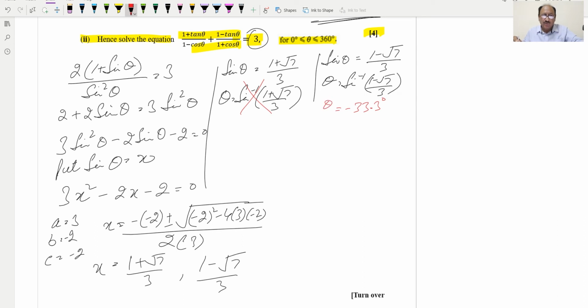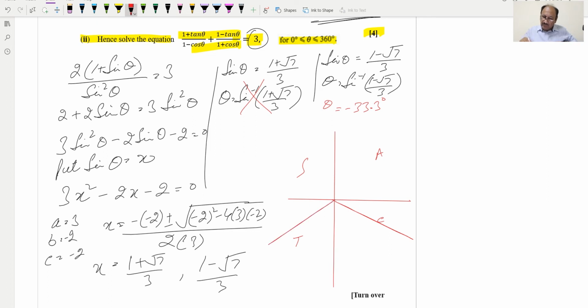This is the theta value. Now we can find the values, and to find the values we can draw the quadrant diagram, ACTS, and minus 33 will be like this, and the other line will be in this quadrant as a negative value.